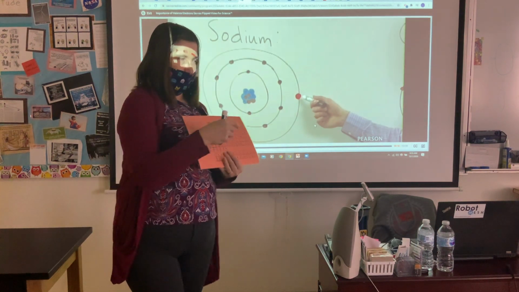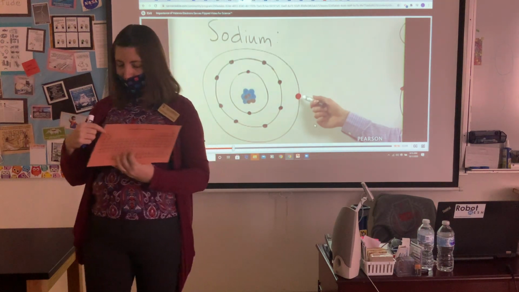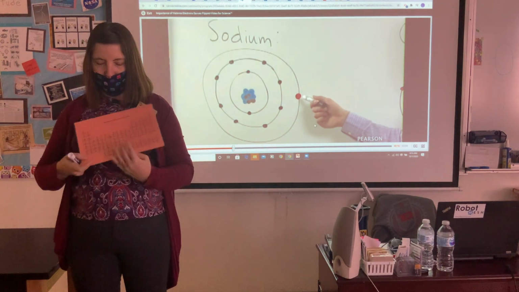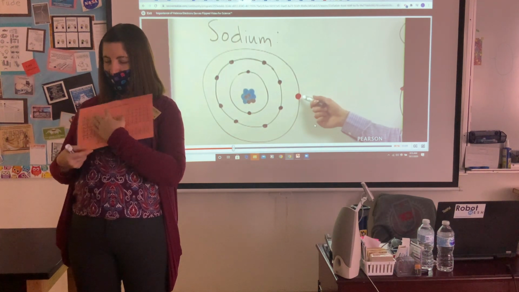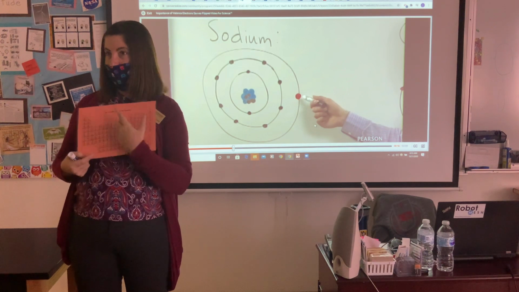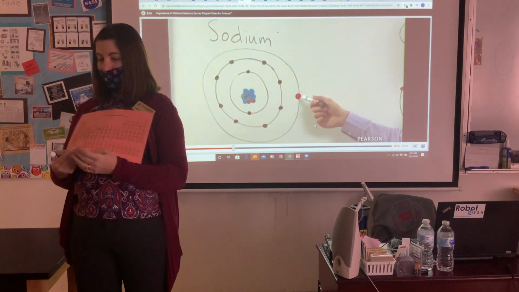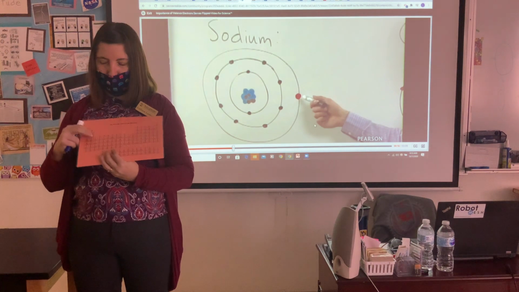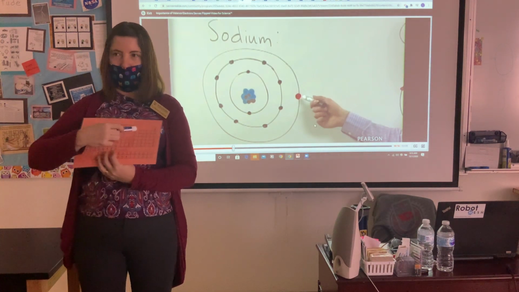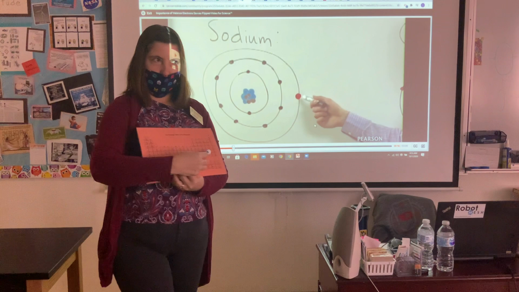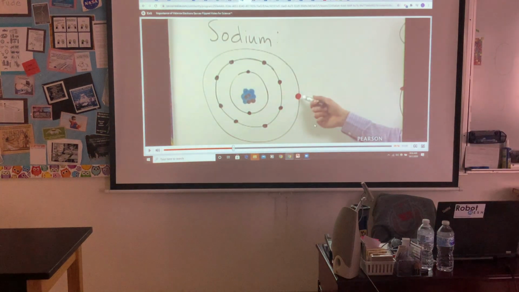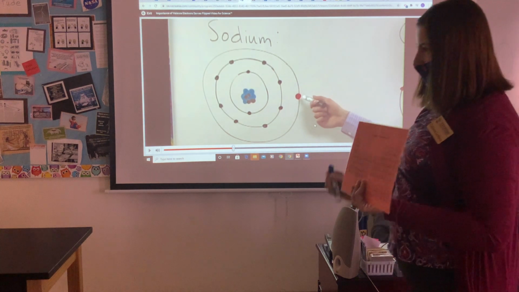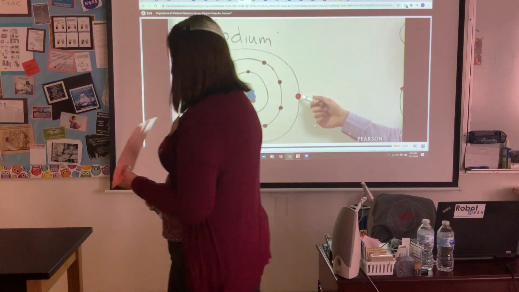The cheat way to do this, and this works for groups 1 and 2, we ignore all of these metals. Okay, we're not really talking about the metals this year other than, yes, they exist. But when we look at group 1 and group 2, and then groups 15 through 18, if I just look at the ones place of the group number, the ones place of the group number tells me exactly how many valence electrons it has.